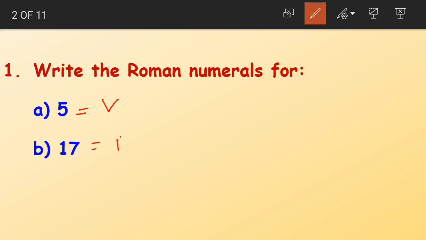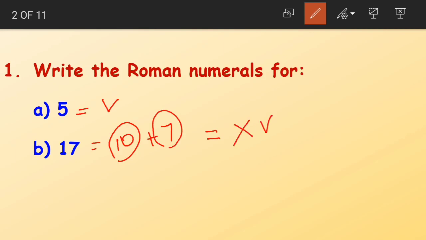For this you write the expanded form of 17, 10 plus 1. Yes children, expanded form of 17 is 10 plus 1. Now what is 10? How is 10 written in Roman numerals? We use X. Then coming to 7, how do we write it?